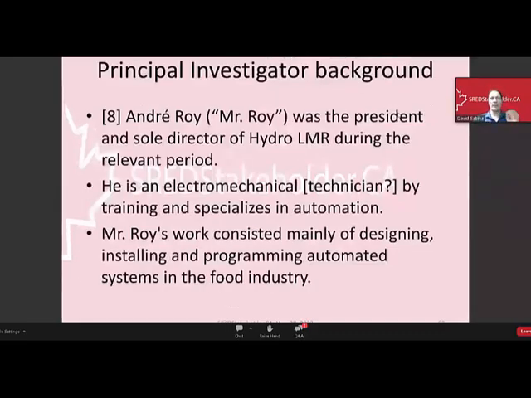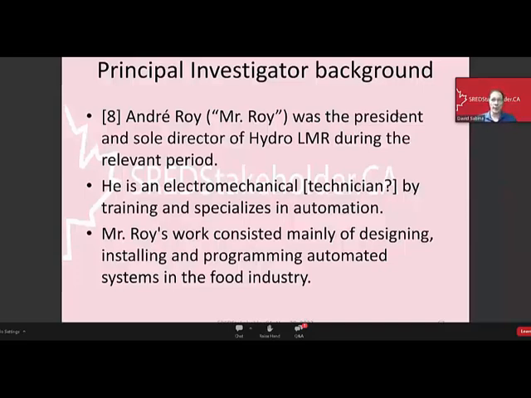So we're told that Mr. Roy was the president and sole director of the company. This is, again, when I translated the judgment from French, it said he's an electromechanical by training, and I didn't know what that meant. An electromechanical technician, electromechanical engineer, et cetera, and so forth.